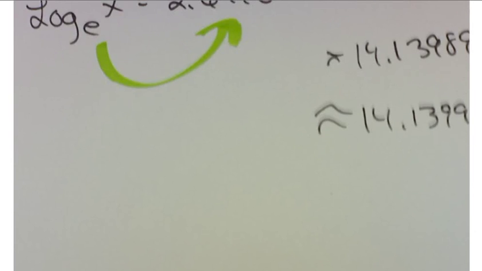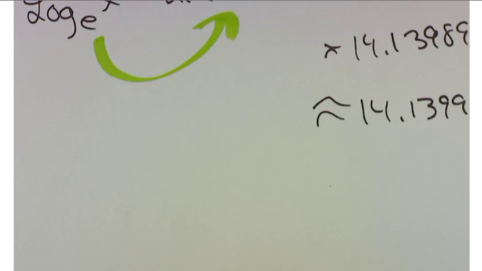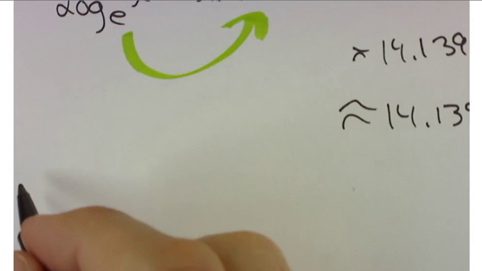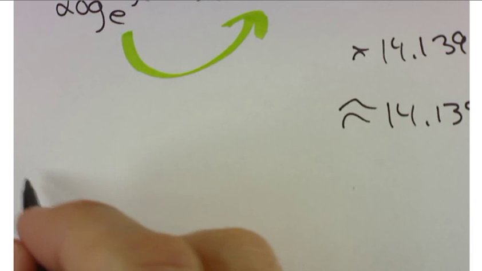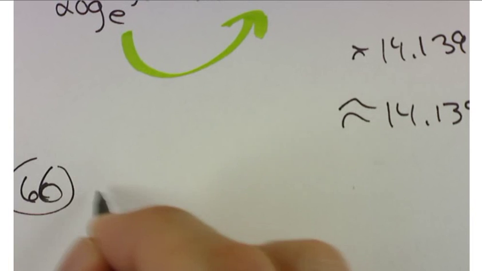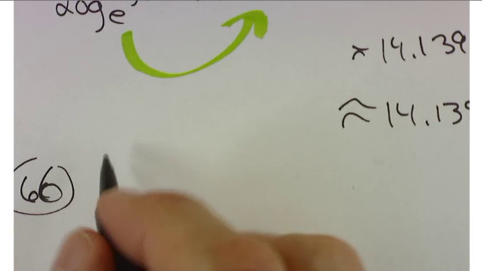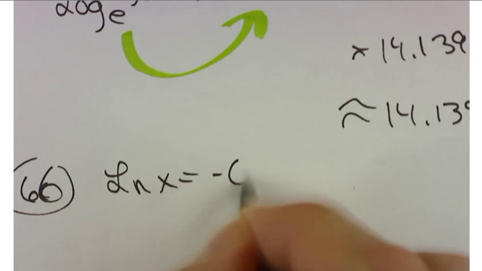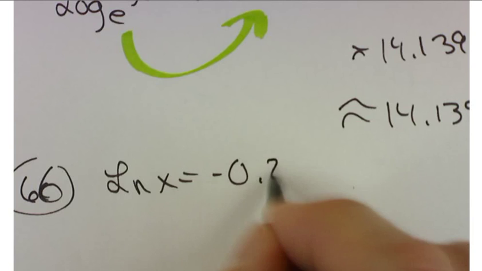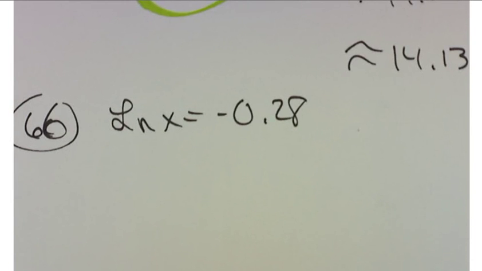So in looking at this and thinking about your old exam or the exam you had today, one of the problems I crossed off was actually number 67 right out of your book. So let's try problem number 66. You try problem 66. Ln of x equals negative 0.28. So do two things. Find it and check it.